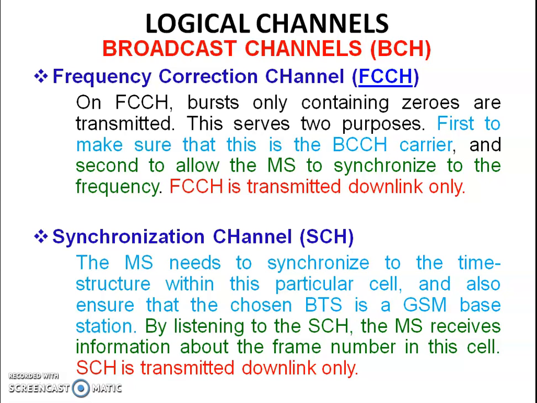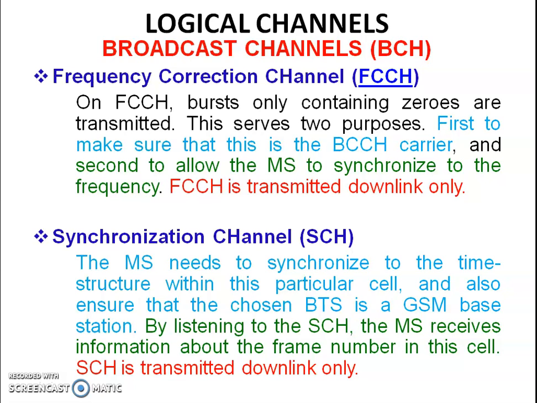The second one under it is the synchronization channel. The mobile station needs to synchronize to the time structure within the particular cell, and also ensure that the chosen BTS is a GSM base station. By listening to the synchronization channel, the mobile station receives information about the frame number in the cell.